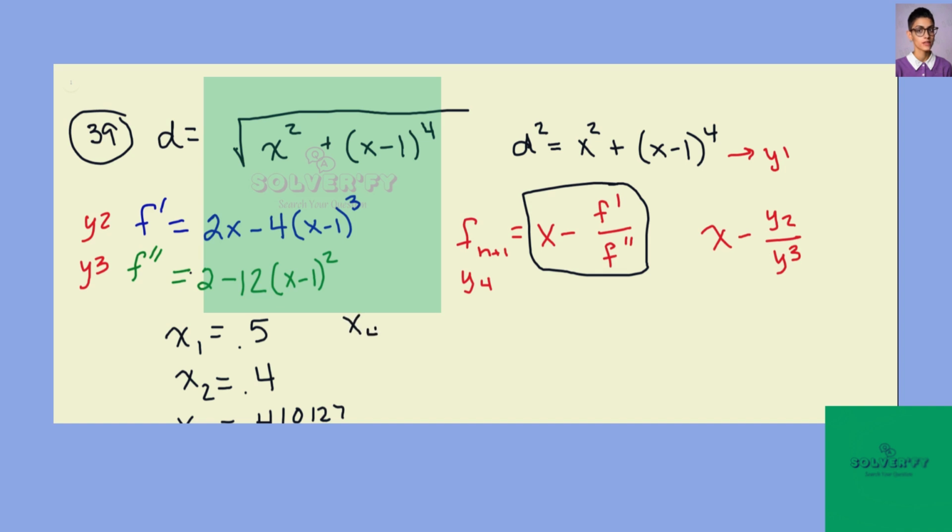X sub 4 equals x sub 5, which equals 0.410245.